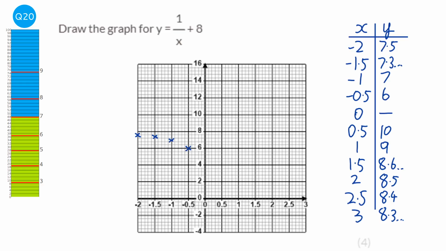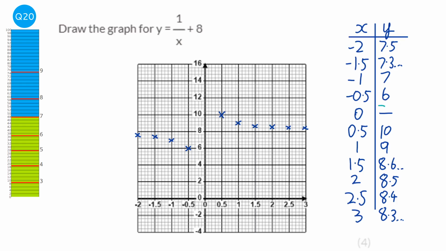Okay, then at 0.5, we've got 10, then 9, should be about there, then 8.6, 8.5, 8.4, it's very difficult to do it from these ones, 8.3, okay.